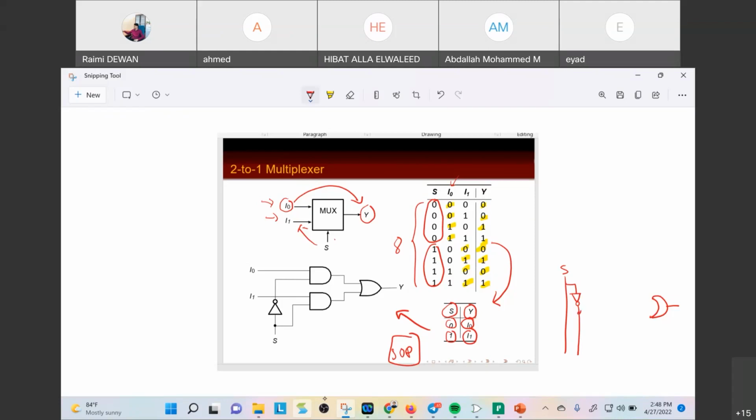And then you have I0, then you have an AND. The second one is that you need S equals 1, meaning this one, and Y with I1.